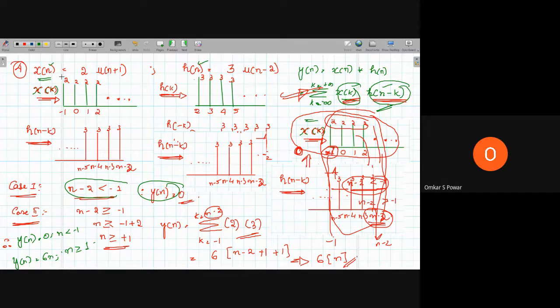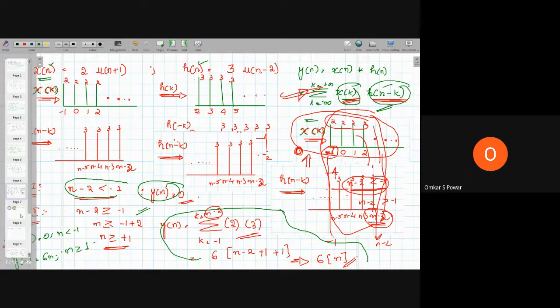So first write x of k, then h of k, then h of minus k, then h of n minus k, then shift this h of n minus k. So case 1 when n minus 2 less than minus 1, case 2 n minus 2 greater than minus 1. So why have I considered this case? Because convolution is, you are finding the area. So what we have done is first flipping, shifting, multiplying and adding, actually the area means. So that is nothing but your convolution. So that one we have solved here.